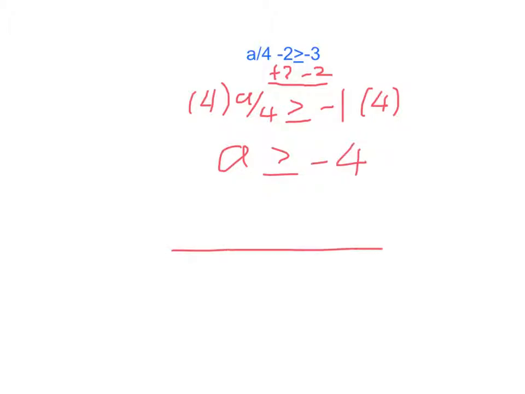And the graph is negative 4 and negative 5, closed circle, and here.